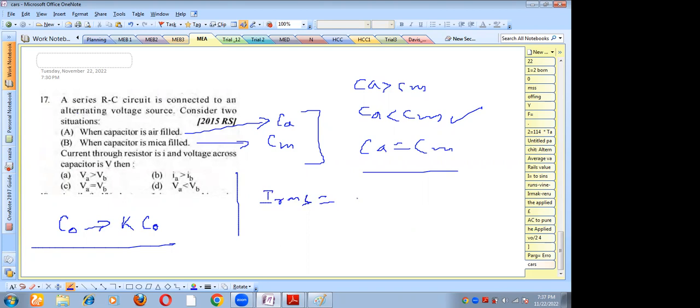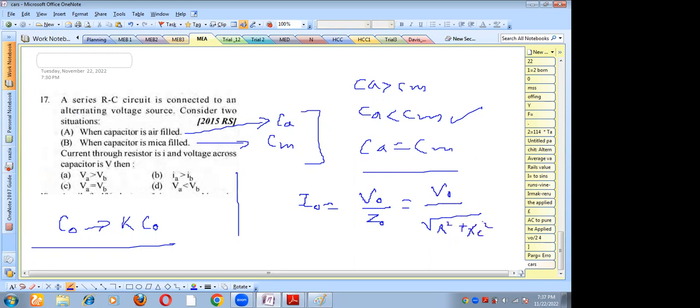IRMS is equal to V naught. We can also say that the peak value of current, I naught, is equal to V naught by Z. What is Z? Z is root of R square plus XC square. What is XC?